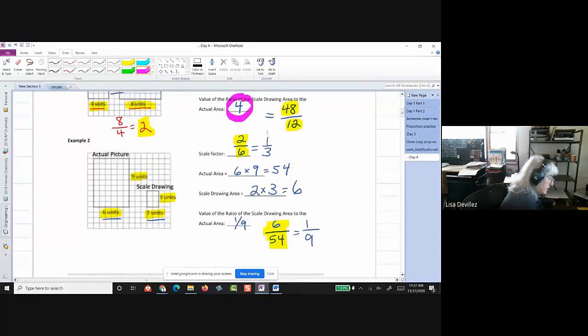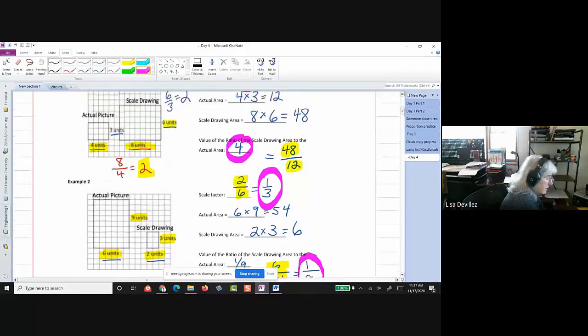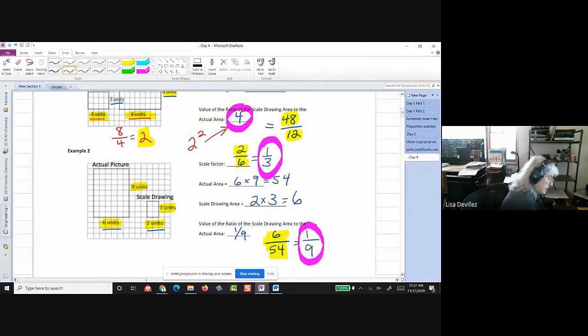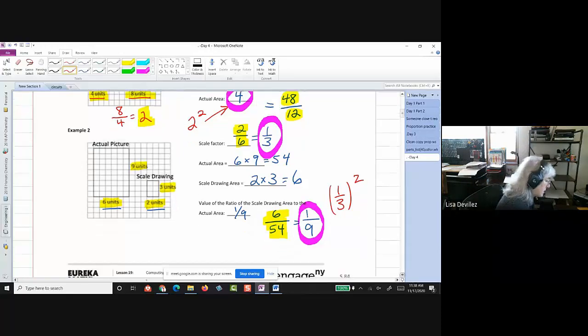And then the same thing here. There's our scale factor when we're just looking at one dimension, but then when we look at the area, do you see how the ratio of the areas is the scale factor squared? So that is 2 squared, where 2 is our scale factor there. And then this is 1/3 squared. So to get the ratio of the areas, we can square the scale factor, and that'll tell us the scale area to the actual area.